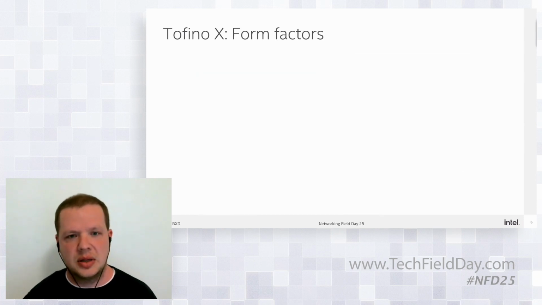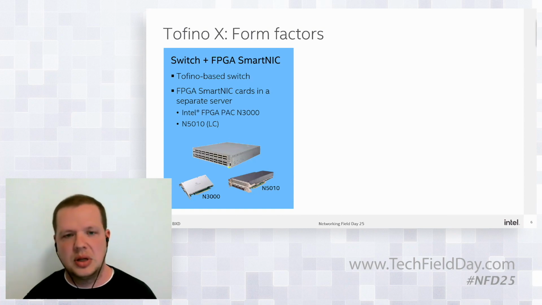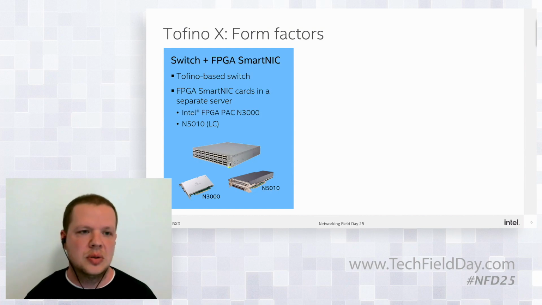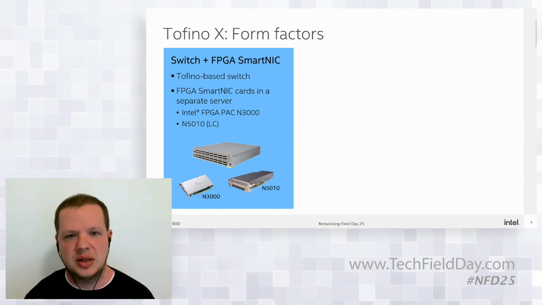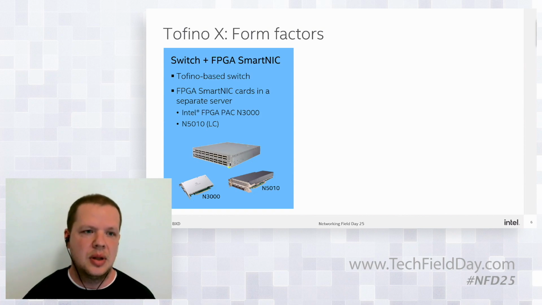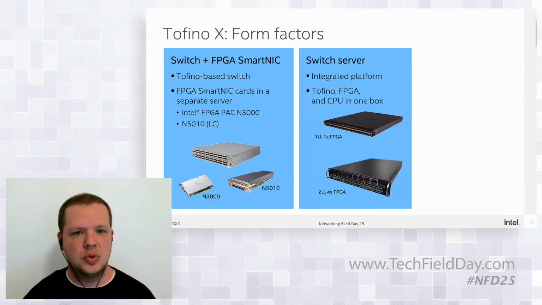So we talked about the architectures. Now there are different form factors that we can leverage to build these architectures. Starting with the disaggregated approach with a switch system and FPGA SmartNICs that can be connected through front panel ports. Then we go into switch-server integrated platforms where all the components are available in one rack-mountable device.